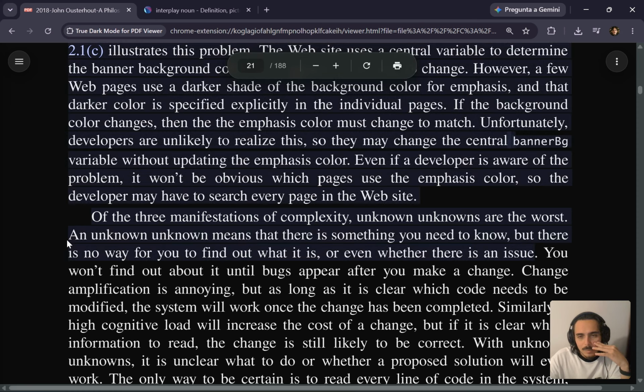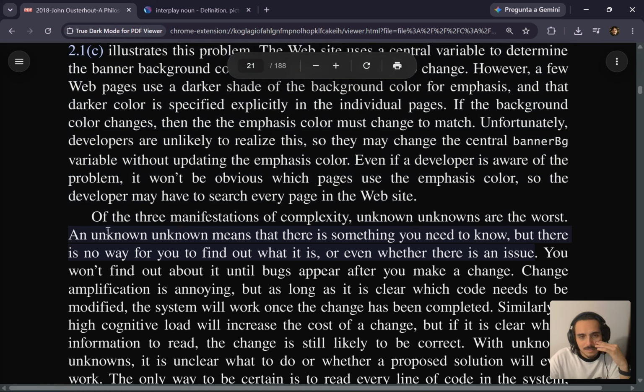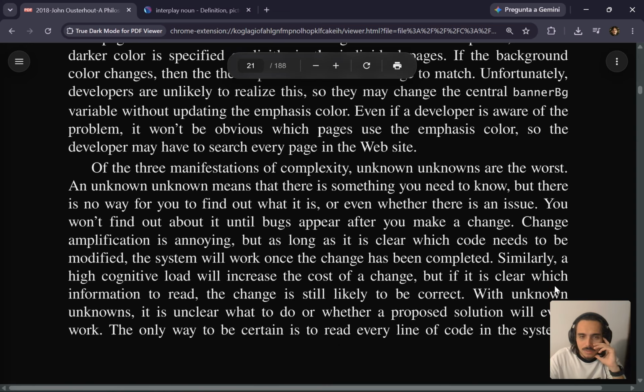Yeah, it's like problems that are sneaking, waiting there in the darkness, waiting for a user or a developer touching something. And yeah, the blast radius could be pretty big. But it's pretty related with cognitive load. You won't find out about it until bugs appear after you make a change. Change amplification. Yeah, and imagine that all that meets together.